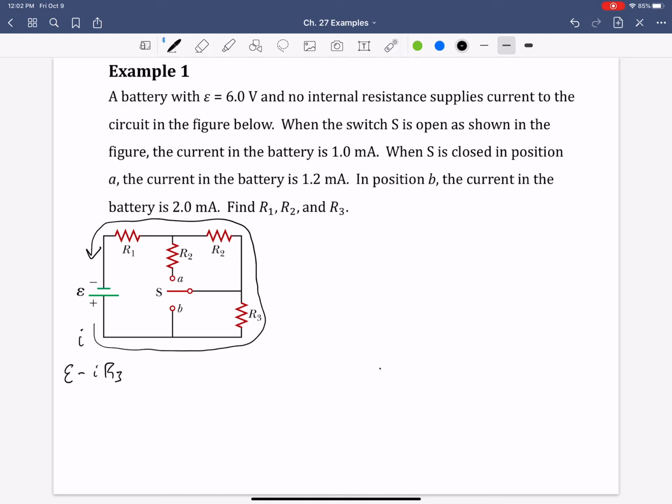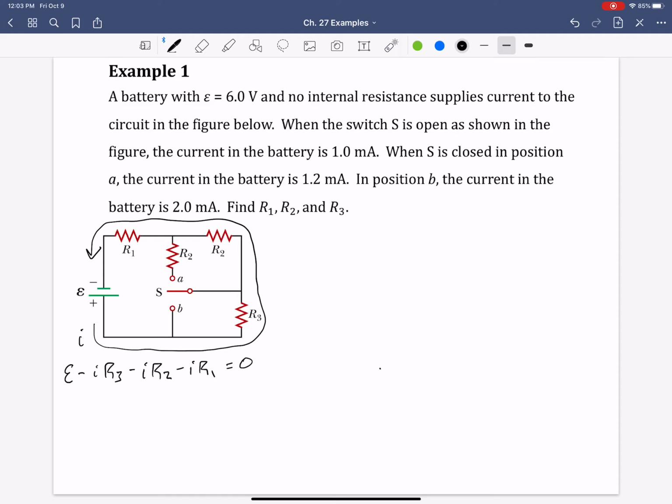Then we keep going past R3 in our loop here. Then we have current times R2, and then current times R1. And then we should be back around to the other side of the EMF, which means we're back at 0 potential. Okay? So you can start your Ohm's law equations like this, right?